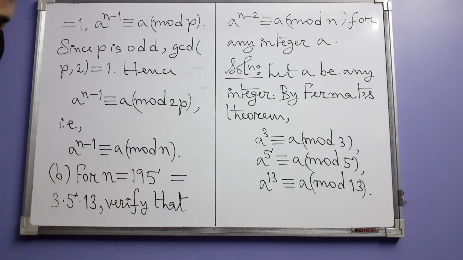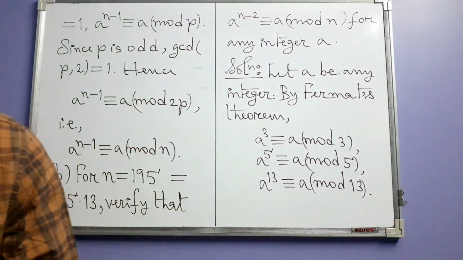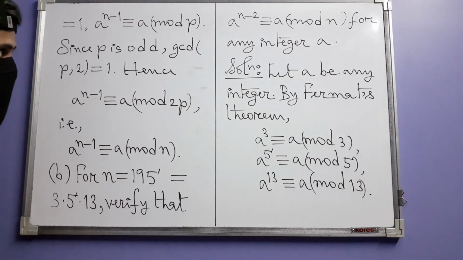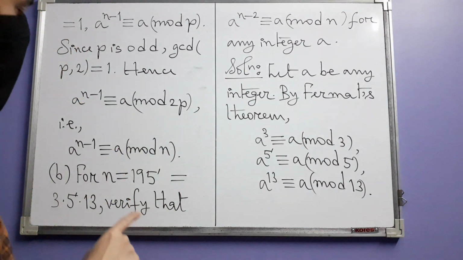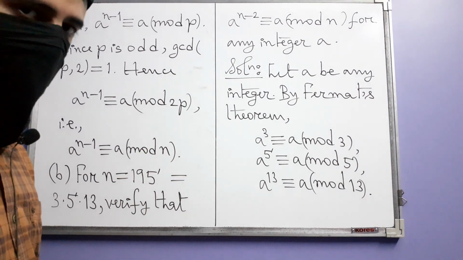Okay. 195. So that means we have to now look at the power a to the power 193, 195 minus 2.